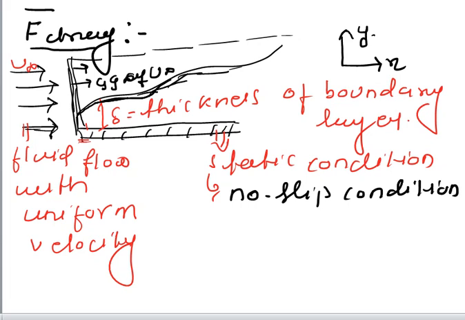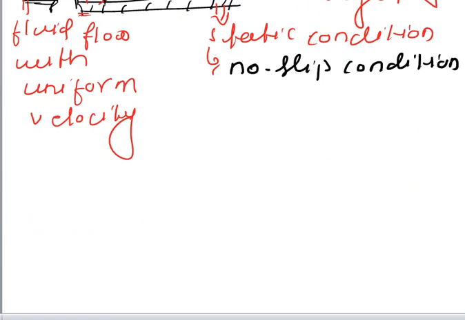The layer below which the fluid is moving with velocity lesser than 99% of the free mean velocity is the boundary layer thickness.